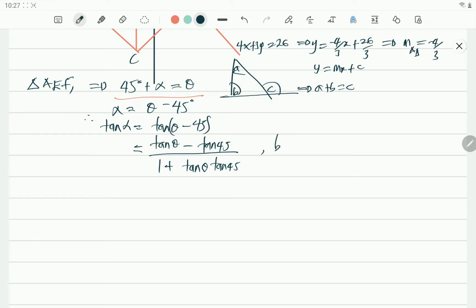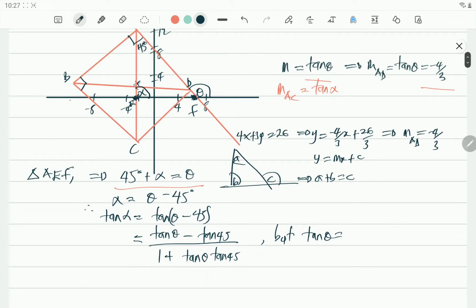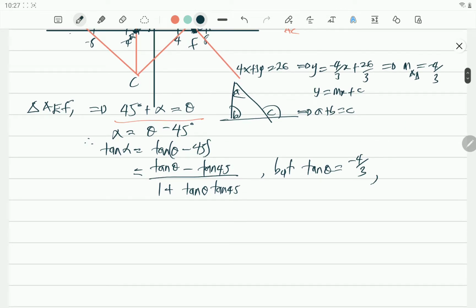But remember, we have the value of tan theta. Tan theta is equal to, just as we have here, minus 4/3. And from normal evaluation, we have tan 45 to be equal to 1.